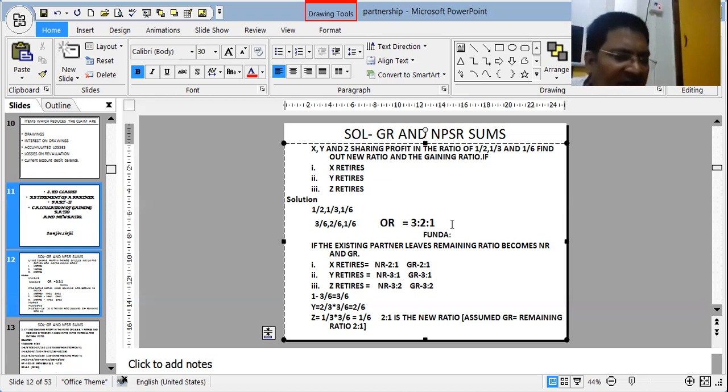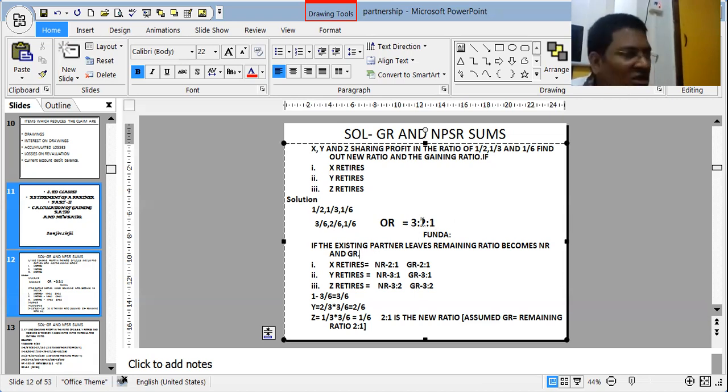The funda is very simple. Without doing any calculation, you can do it. If an existing partner leaves, the remaining ratio becomes the new ratio and the gaining ratio, if no new ratio is given. Whatever is left, the ratio of the remaining persons, becomes the new ratio as well as the gaining ratio. Suppose the ratio is 3:2:1 and Y retires.